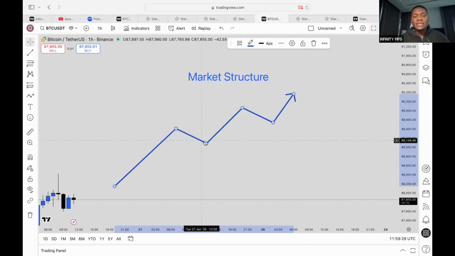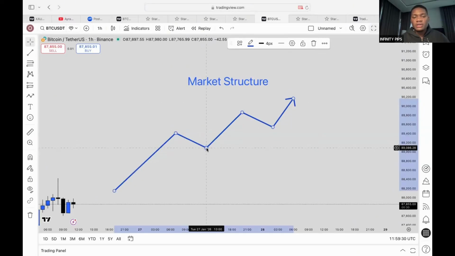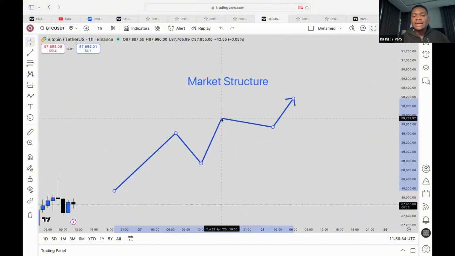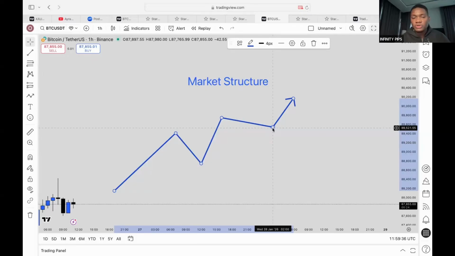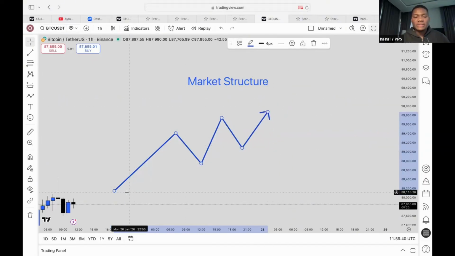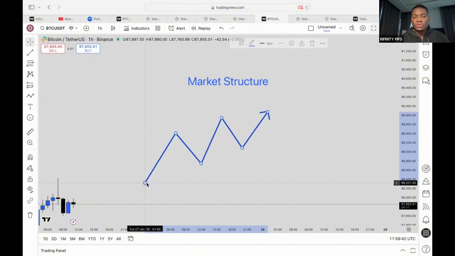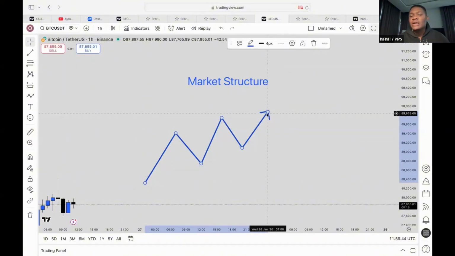Good. So this is an uptrend, right? This is an ideal uptrend, an ideal pattern. We are being taught the market is supposed to be doing an uptrend. This is the ideal movement of an uptrend, right?